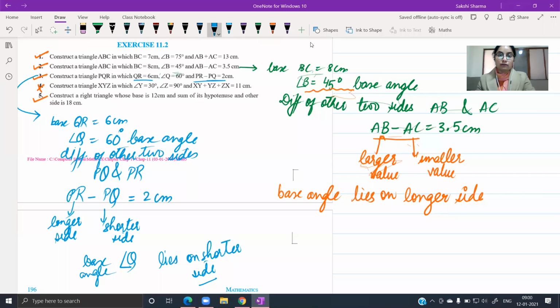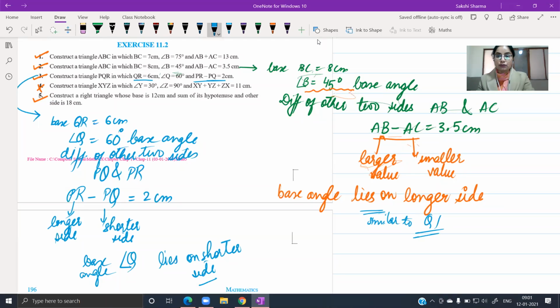AB will have a larger value. The second value is smaller. So the second side will be shorter. After finding out in the difference which is the longer side and which is the shorter side, you check on which side your base angle will be formed. Is it formed on the shorter side or on the longer side? If it is formed on the longer side, then its construction will be similar to type 1.